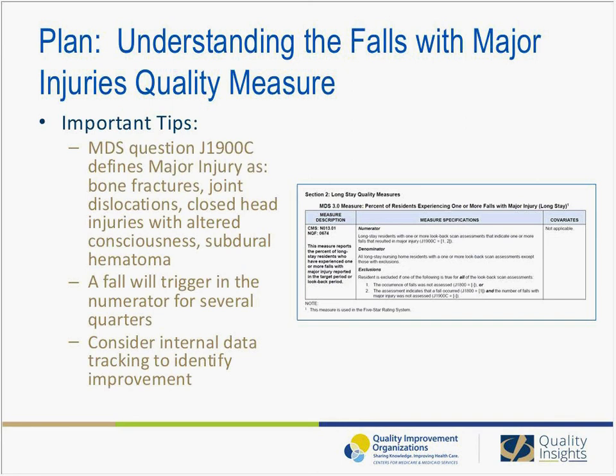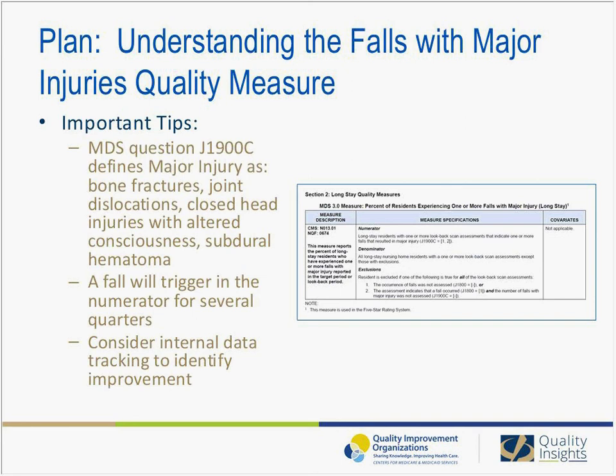Now, it is important to note that someone who is in the numerator for your falls with major injury measure is in that numerator for several quarters, 3, possibly 4. And because of that, you may want to consider internal data tracking to identify improvement.